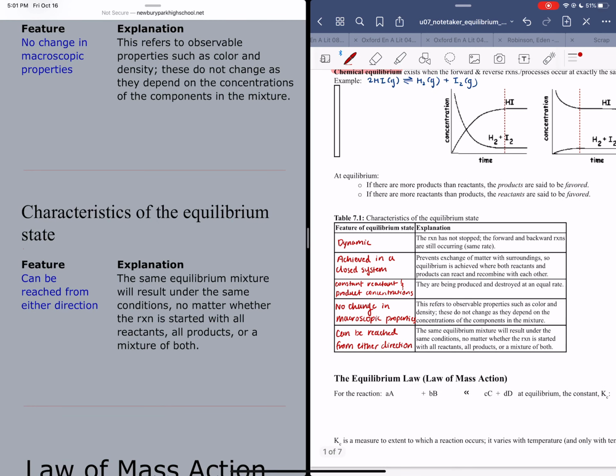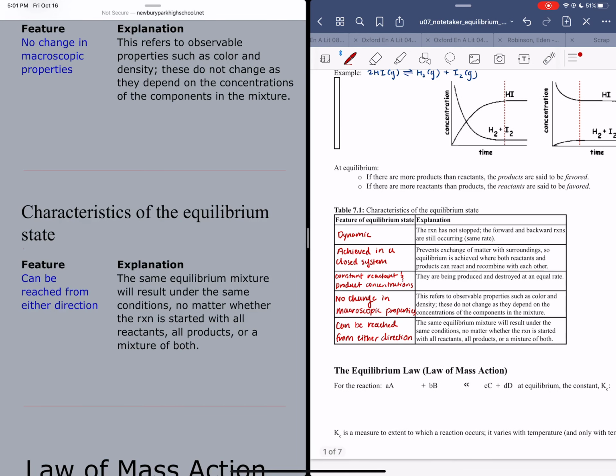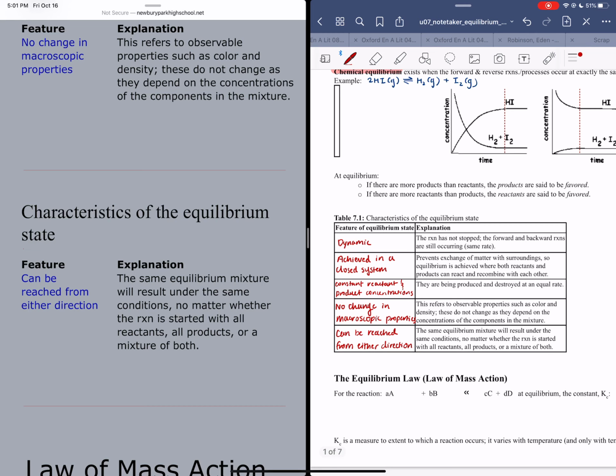Here are a couple of characteristics. They're dynamic, so the reaction is still going. It just seems like it's stopped or that it's constant because the rates of forward and backwards reaction are occurring equally, at the same rate. It must be in a closed system. The reactant and product concentrations remain the same. There are no changes in macroscopic properties, which means because the concentrations don't change, the chemical composition of the reaction mixture also doesn't change.